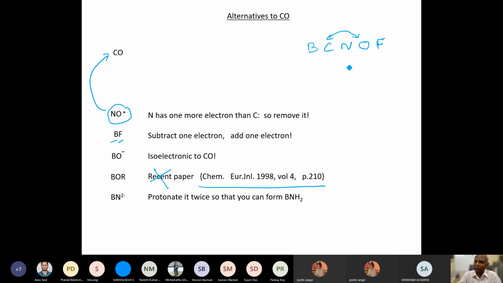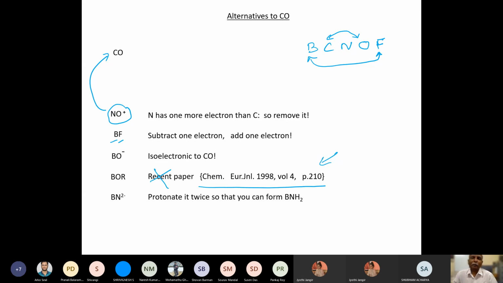So in order to get the same electron count, we can also combine boron and fluorine. So BF. Will this BF be a good molecule? It should have even more electronegativity difference between the two atoms, and maybe it will have the perfect binding characteristic. So that was the reasoning behind the authors of this paper.